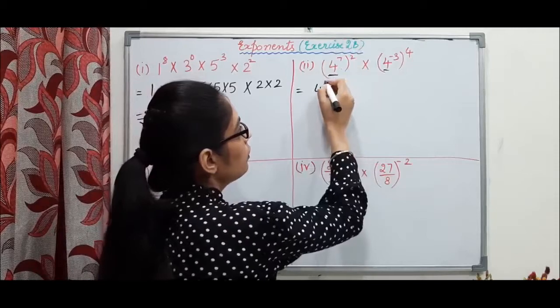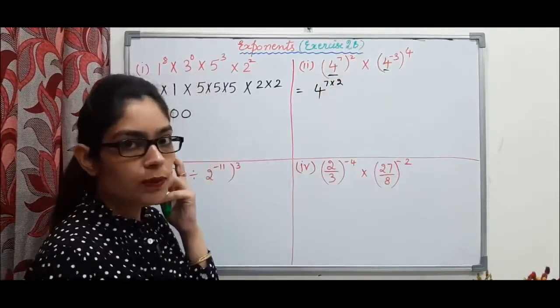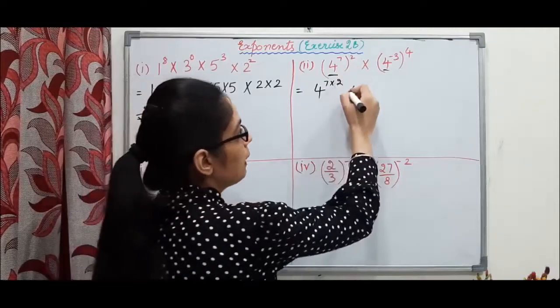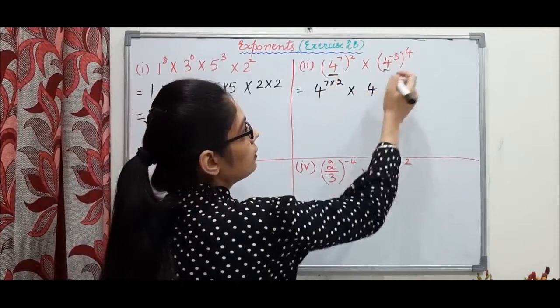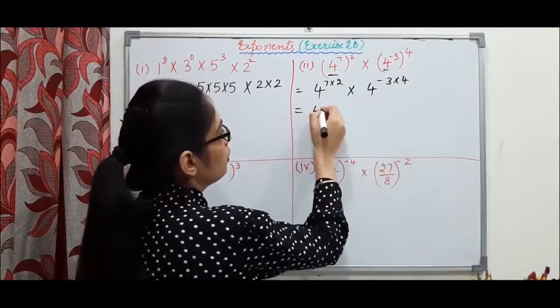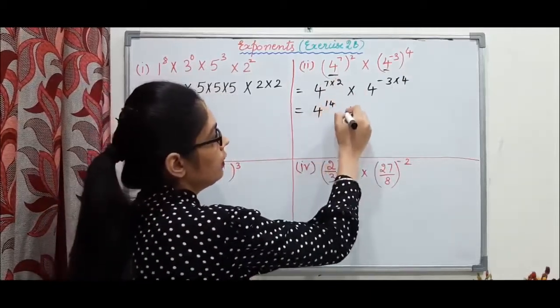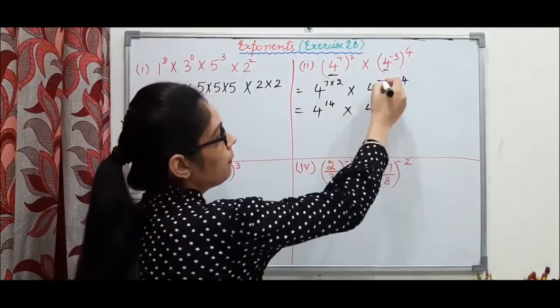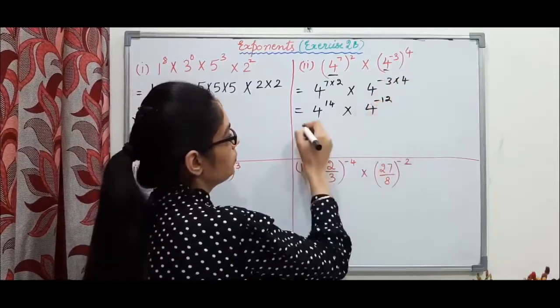So 4 to the power 7 into 2, those 2 powers we multiply with each other. Then here 4 to the power minus 3 into 4, which is minus 12. So 7 into 2 is 14.